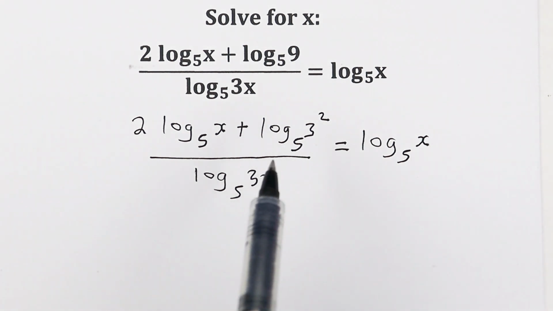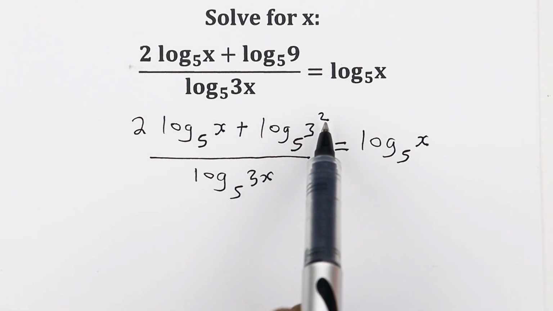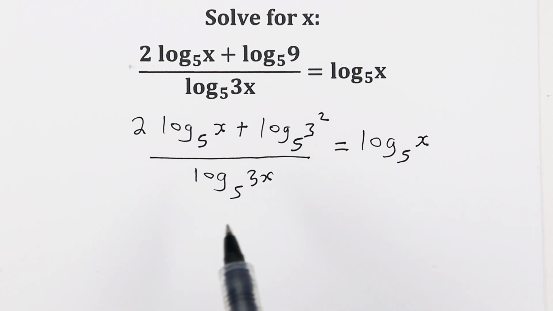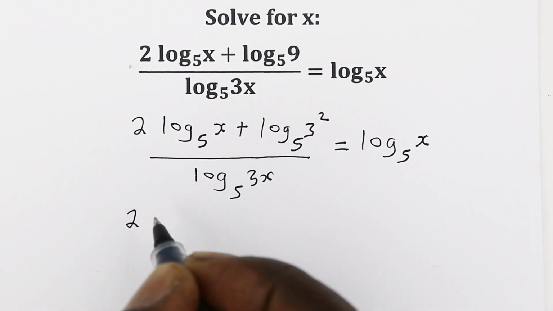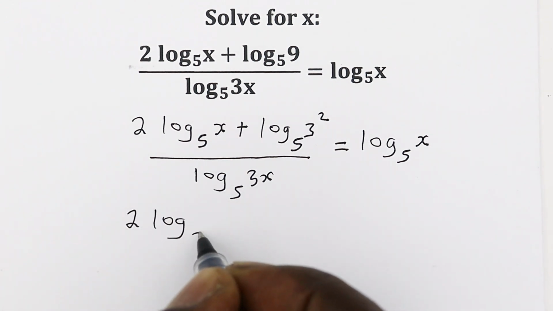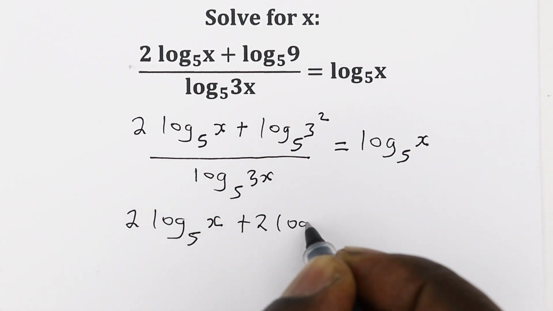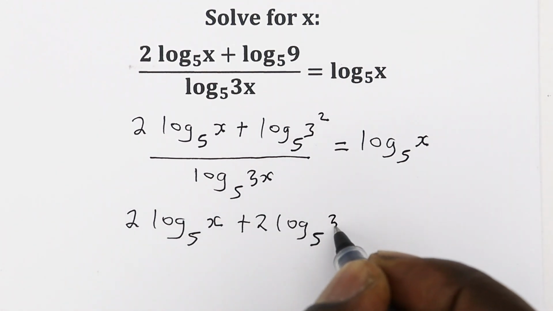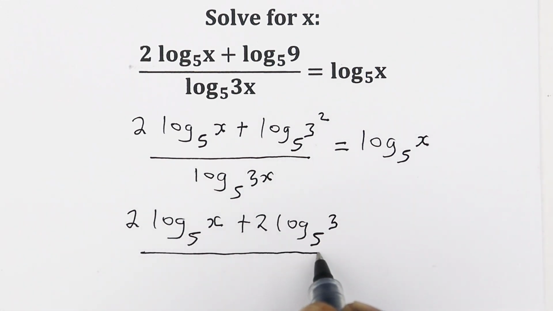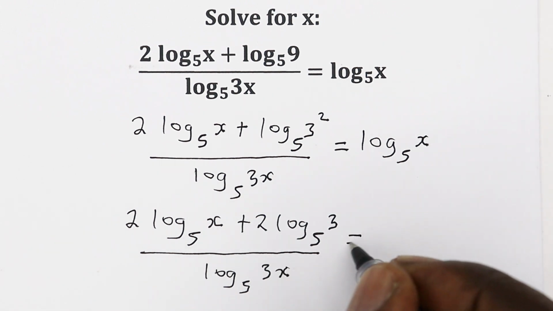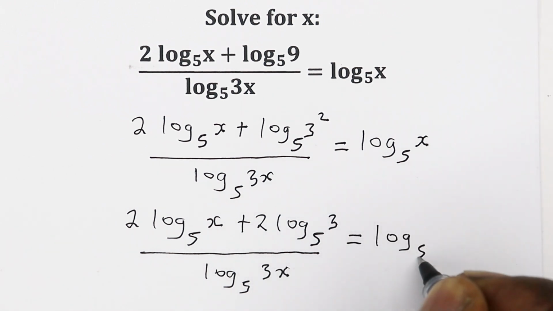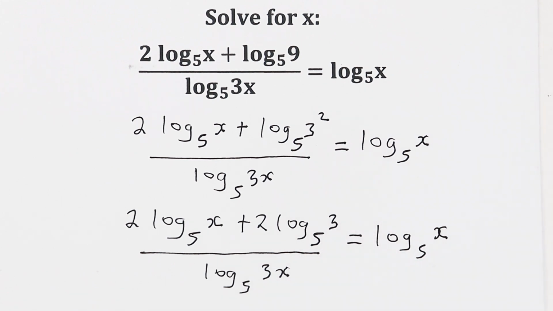Now you can apply the third law of logarithms and bring these two before the log, so that you have 2 log to base 5 of x plus 2 log to base 5 of 3, and that is over log to base 5 of 3x, which is equal to log to base 5 of x.